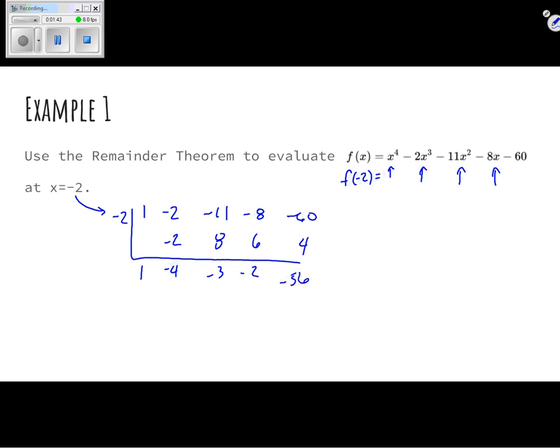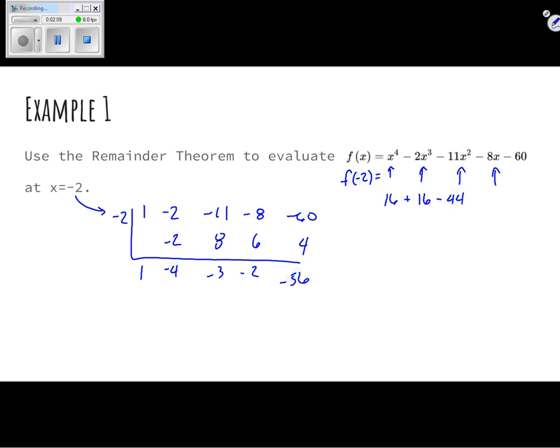So here I get a -56. And so what the remainder theorem is saying is that if I plug in -2 for all these x's, I'm just going to do this in my head, 16 minus 16, right? And then that's 4. Maybe I don't need to do this in my head. -44.